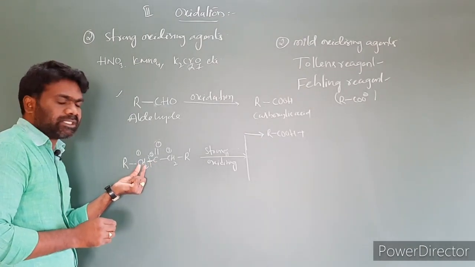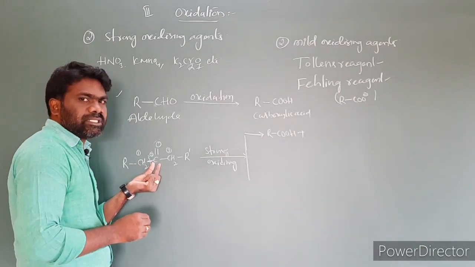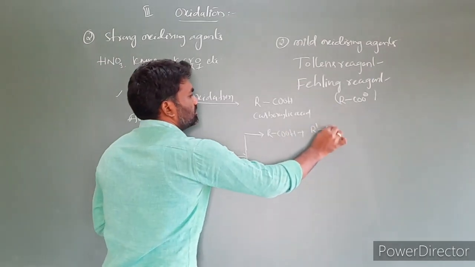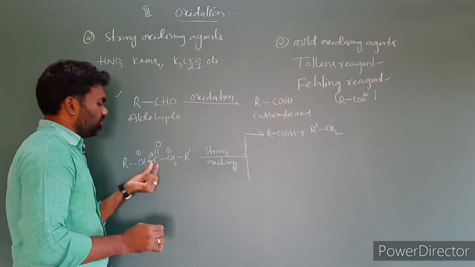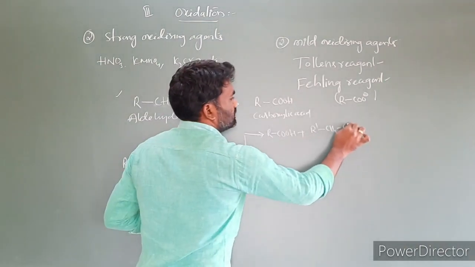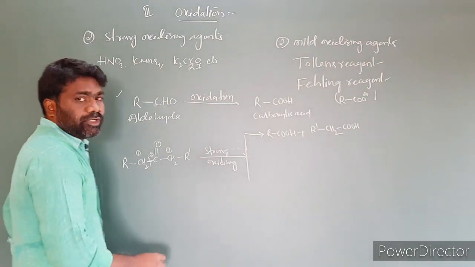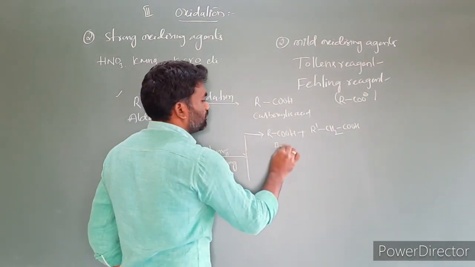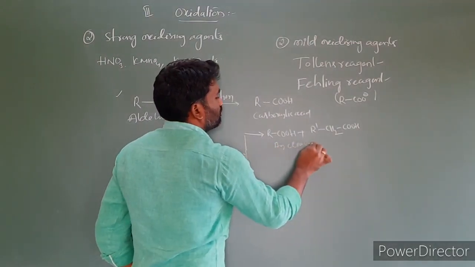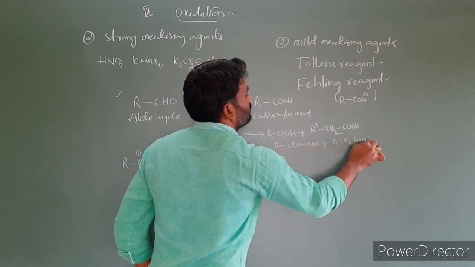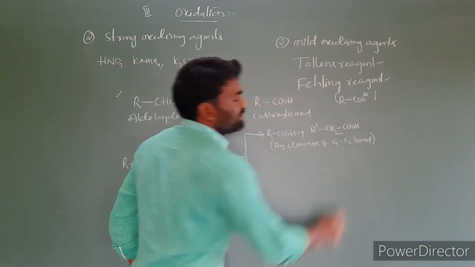This is converting into a carboxylic acid, and this also converts into a carboxylic acid group, plus R'-COOH. So this is the product formed by cleavage of the C1-C2 bond.